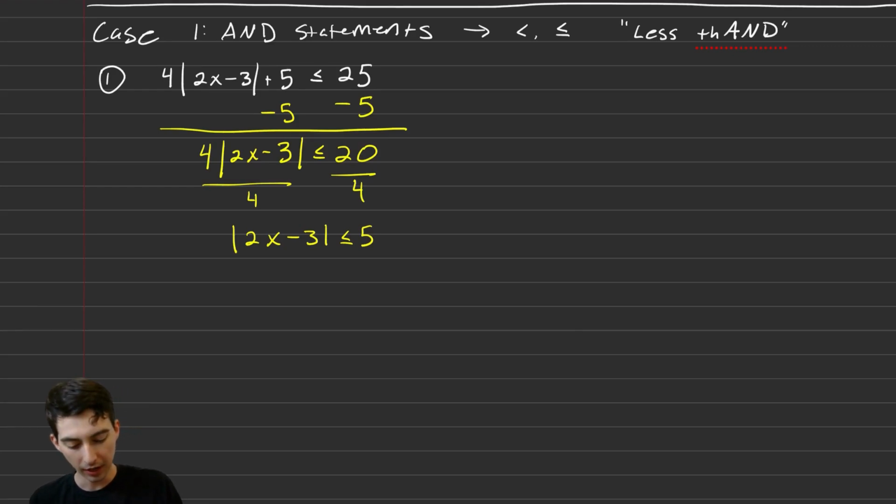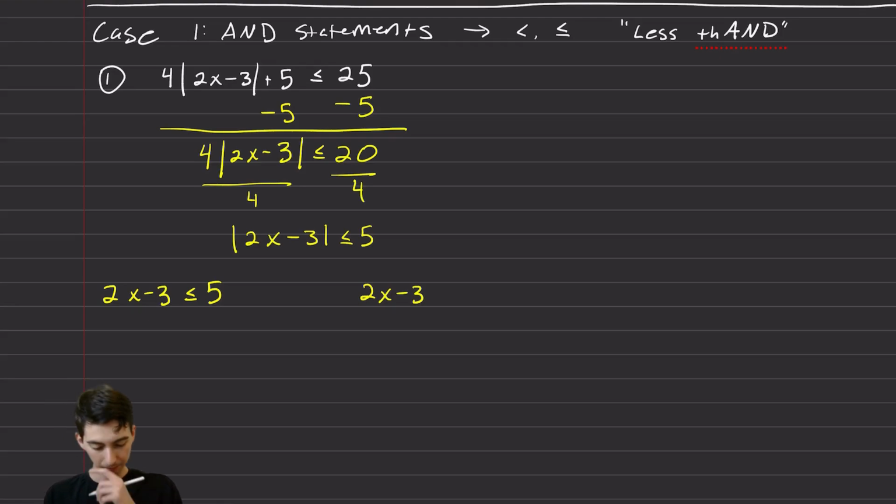Okay. And so now I have my absolute value by itself. So I know that whatever this number is, it is less than or equal to 5 spaces away from 0. So if we think about our number line again, there's two numbers that are 5 spaces away from 0, positive 5 and negative 5. So we can say that 2x minus 3 can be less than or equal to positive 5. 2x minus 3, however, when we're going to compare it to negative 5, we're essentially multiplying this by negative 1.